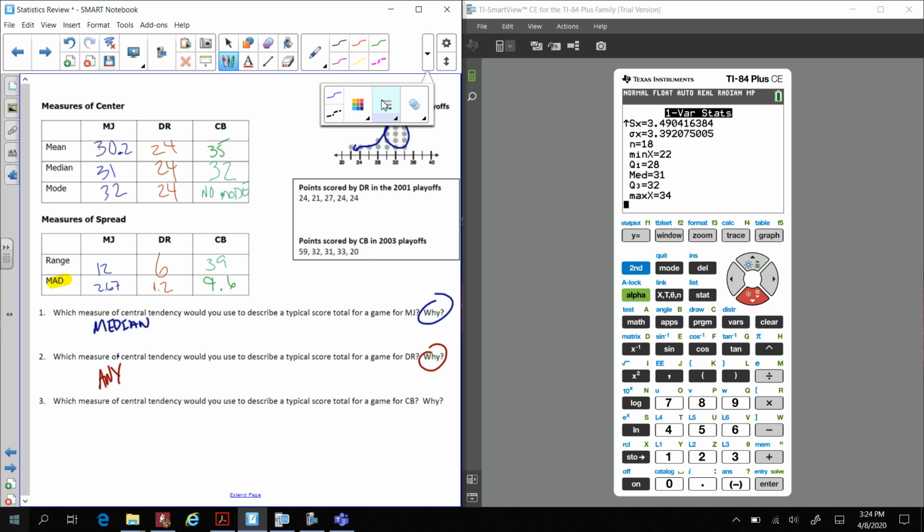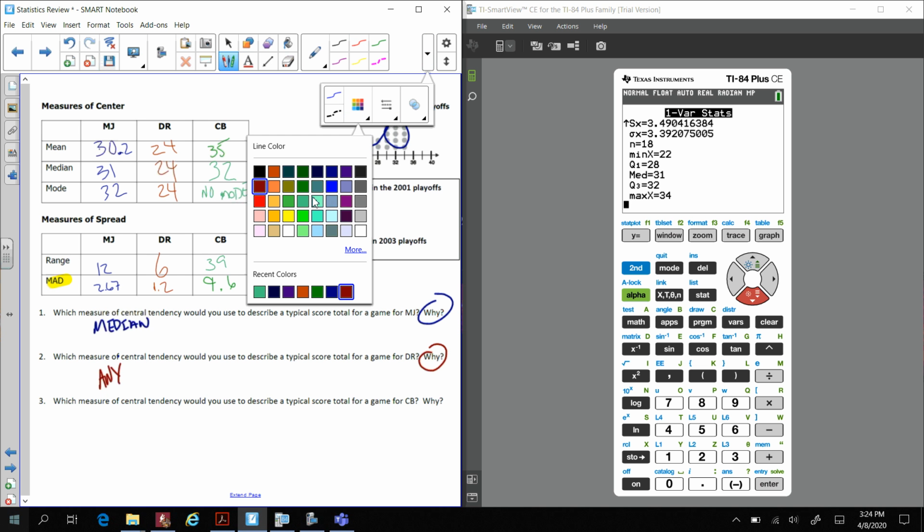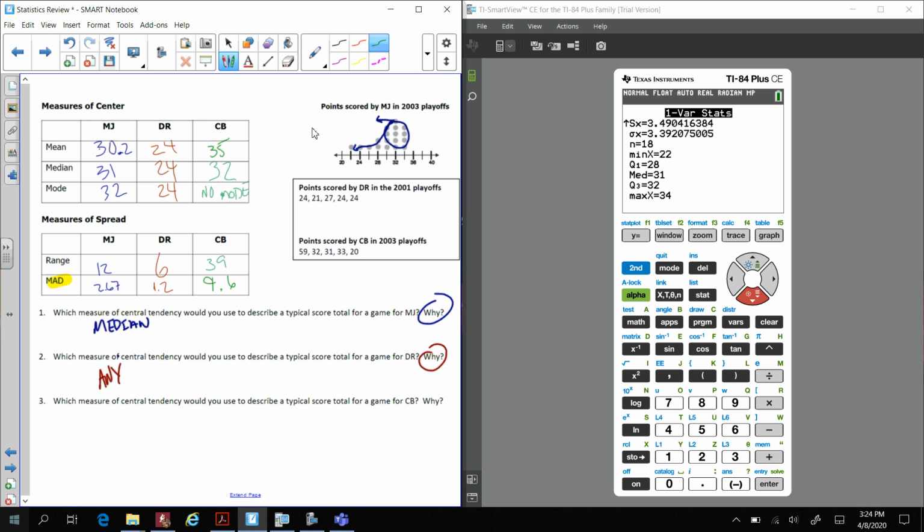But now, when it comes to Charles Barkley, interesting. We only have 5 games, but look at that number 59. I can look right now and say, hey, that doesn't really match. He had one really good game, but look what it does to our mean. Look how much higher our mean is. It has pulled that mean away from the middle. And so I definitely would not pick the mean for Charles Barkley, but I would pick the median.